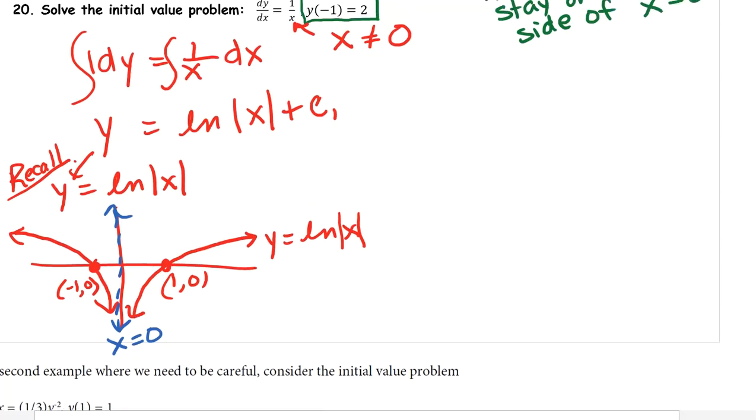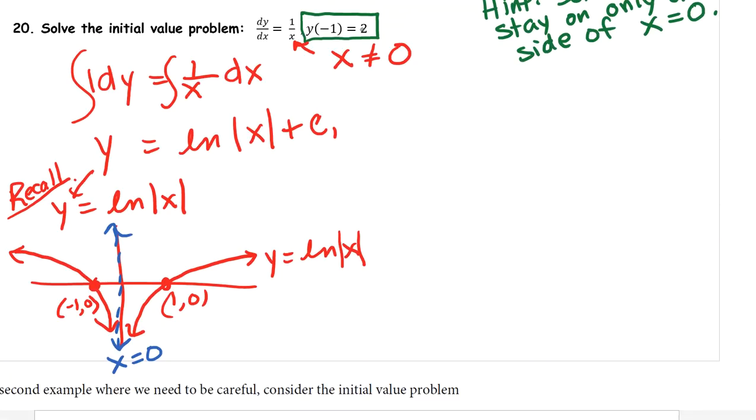All right, so now let's return to our problem and let's use our initial value. We know that when we put -1 into our function, we get 2 as our dependent variable. So we can find out what our constant value is. So the natural log of 1 would be 0.